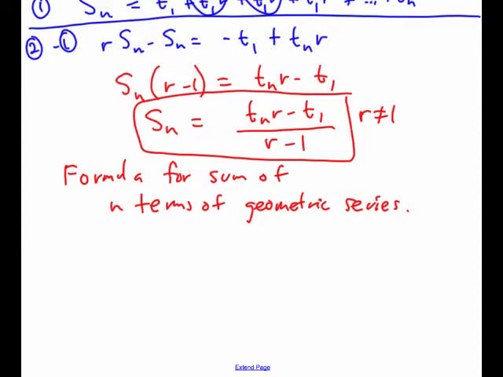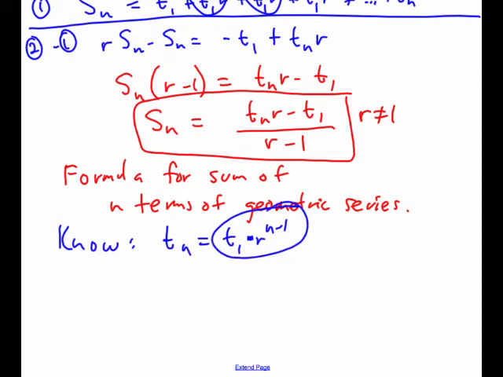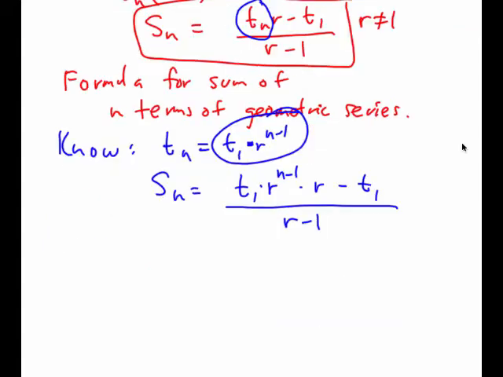Alright, now because we also know that term n, the formula for that is term 1 times r to the n minus 1, what we could do is create a second formula by substituting this in place of Tn. And if I multiply my powers of r, I add the exponents.